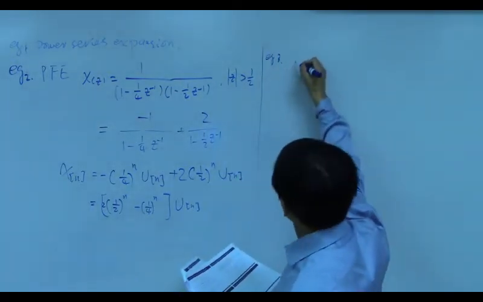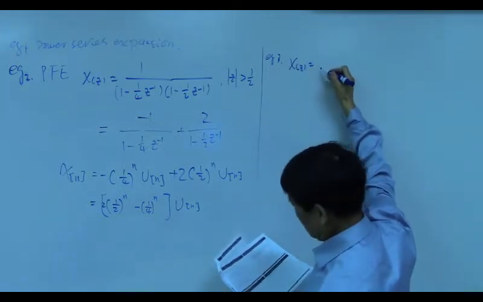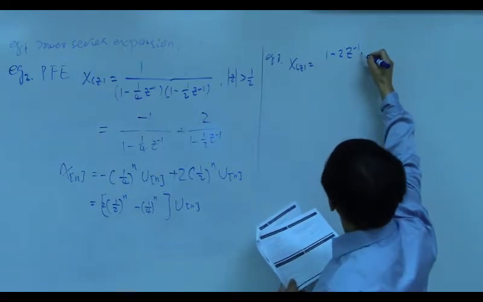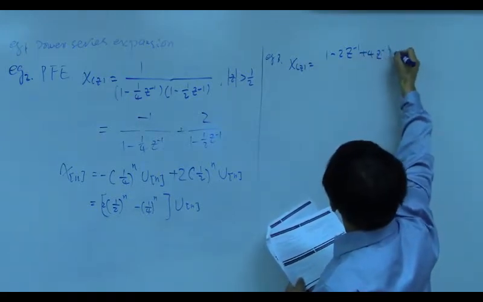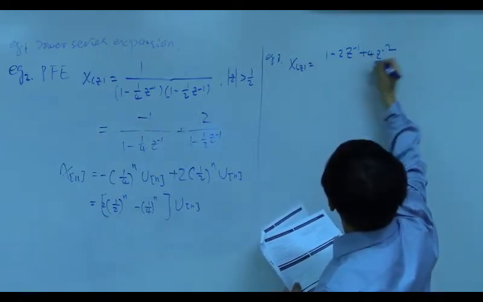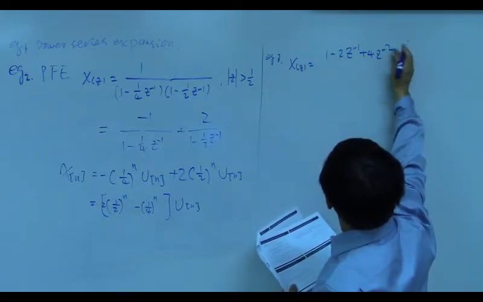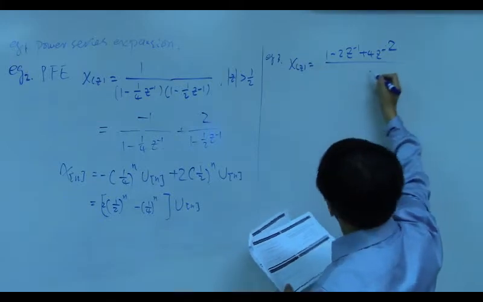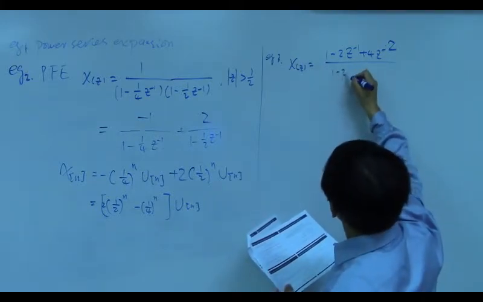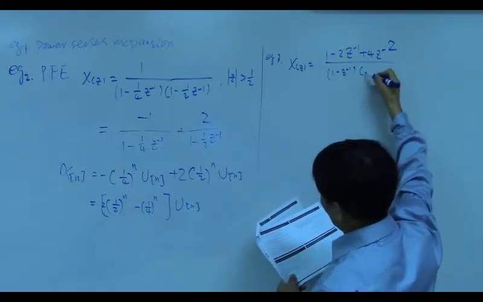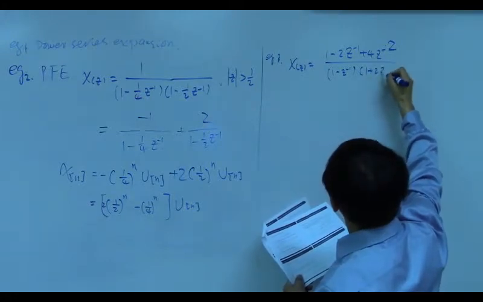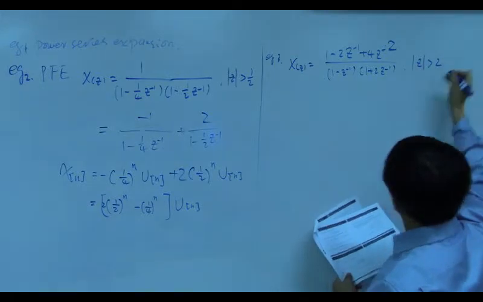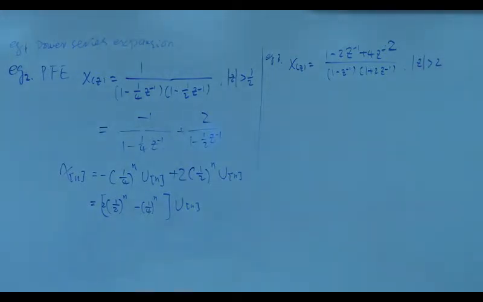Example 3, so X(z) equals 1 minus 2z to the negative 1 plus 4z to the negative 2 over 1 minus z to the negative 1 and 1 plus 2z to the negative 1. The region of convergence is again outside a circle, so it's a right-sided signal.